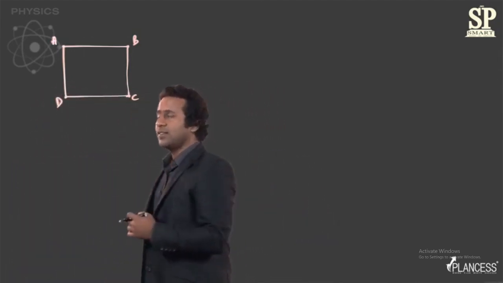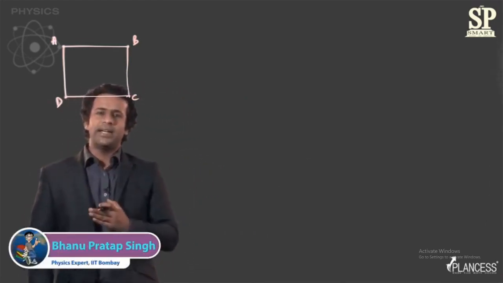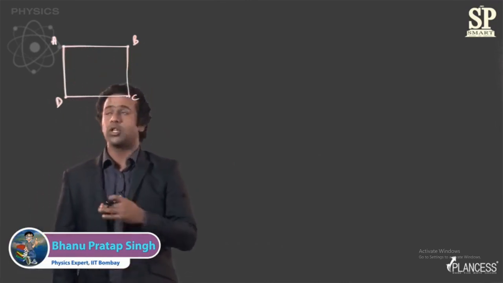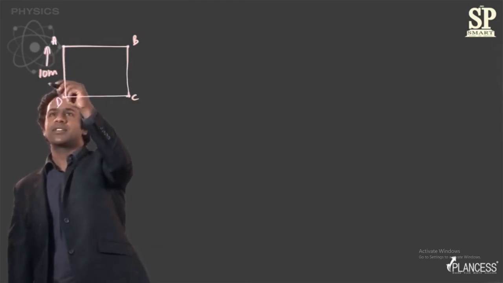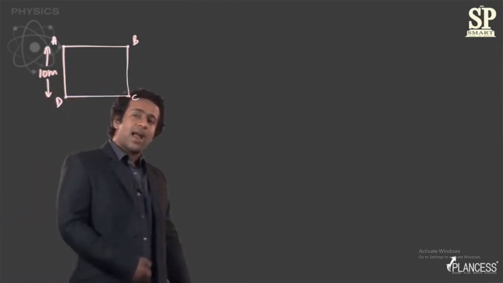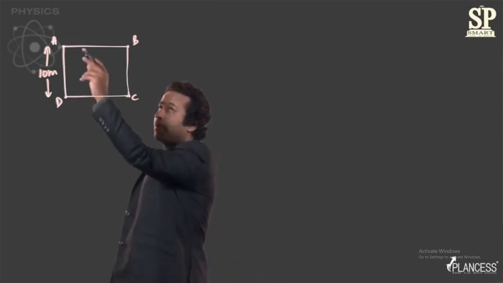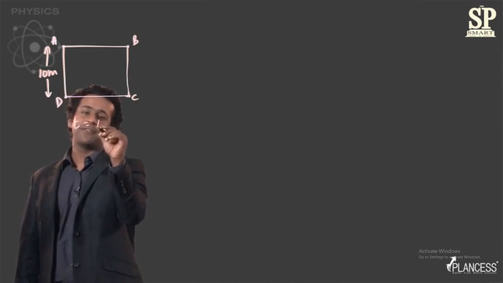Now it is given that a particle starts from point A and it comes to point D via the paths A, B, C, D. Also, it is given that side of the square is 10 meters. And you know that the time taken to go from A to D, once again via the path ABCD, the time taken was, let's say, 15 seconds.